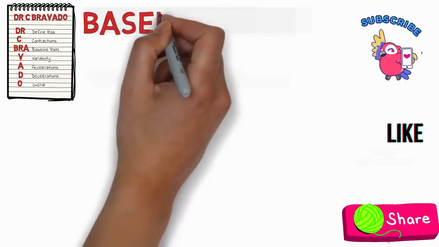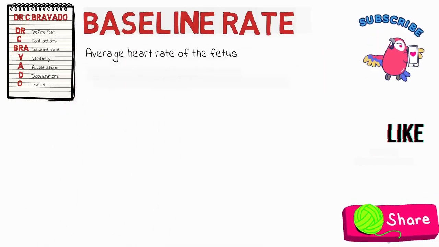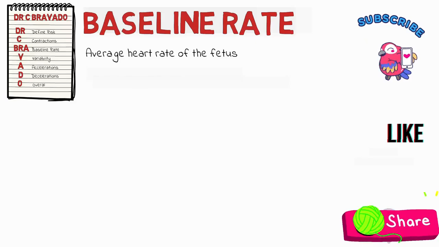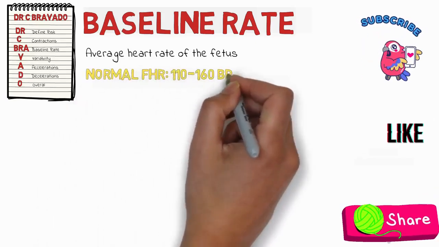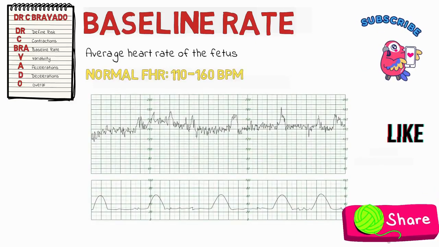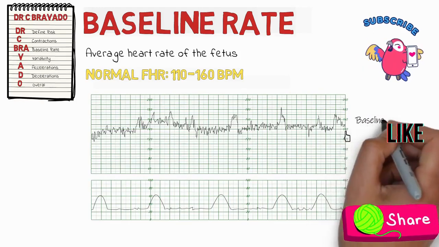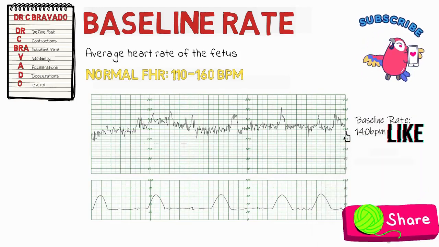Next, we've got the baseline rate, and this essentially refers to the average heart rate of the fetus. The normal heart rate ranges from 110 to 160 beats per minute. So in this CTG, the baseline heart rate would be around 140 beats per minute, which is normal.